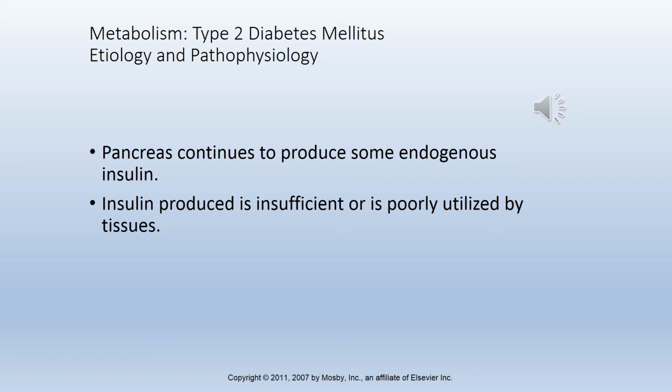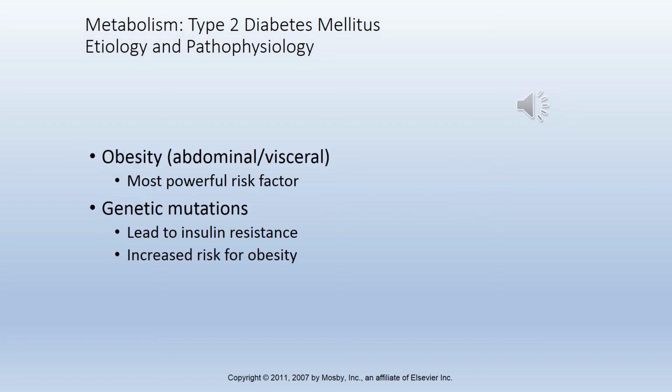So the patient's pancreas continues to produce some endogenous insulin, and the insulin produced is insufficient or is poorly utilized by the tissues. For type 2 diabetes, obesity is the most powerful risk factor. For most patients, type 2 diabetes is detected incidentally.